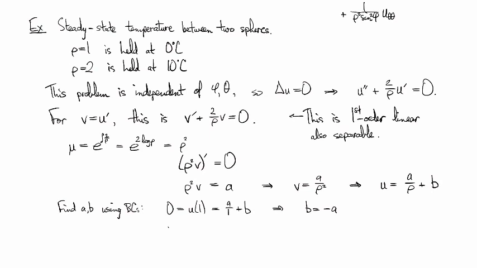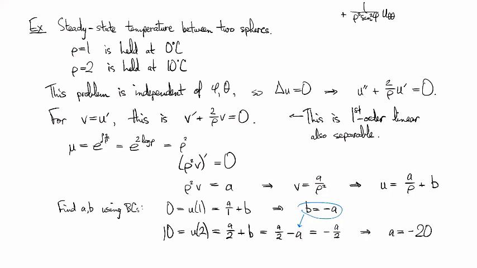And if we look on the other sphere where it's kept equal to 10, so that's at radius 2, then this is a over 2 plus b, which we just saw is a over 2 minus a, so that's coming from this guy here. And so this is minus a over 2. And so cross multiplying, we get a is equal to negative 20.